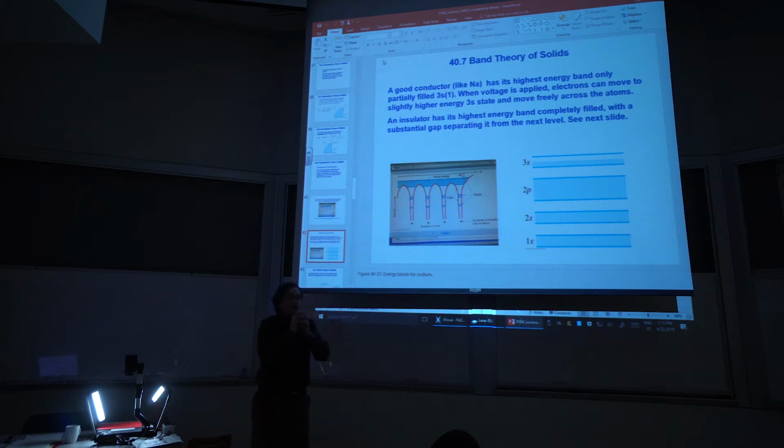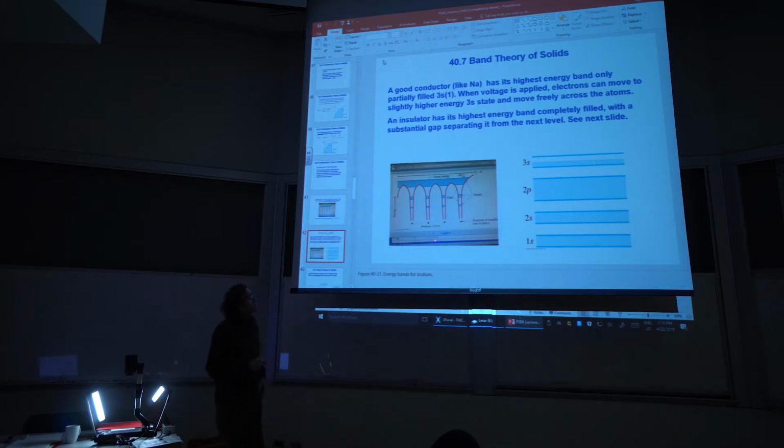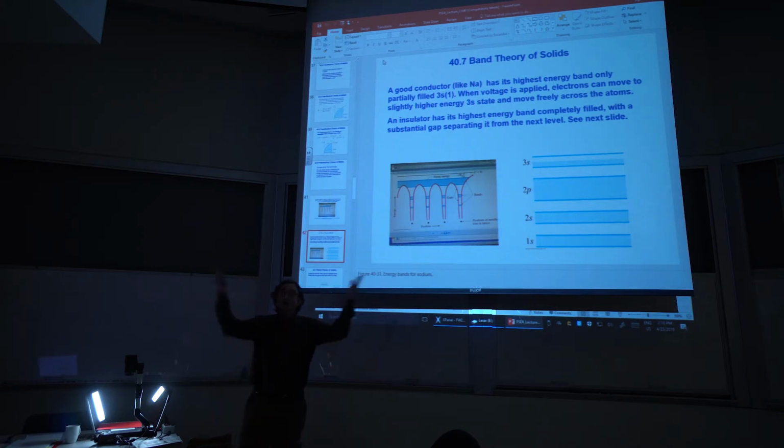Okay? Having all the atoms strung together gives us this periodic potential function, which is not the same as the potential function of an electron in a sodium atom, or an electron in hydrogen, or any other. That only has 1 over r, right? It's infinite at r equals 0, and it's 0 at r equals infinity.